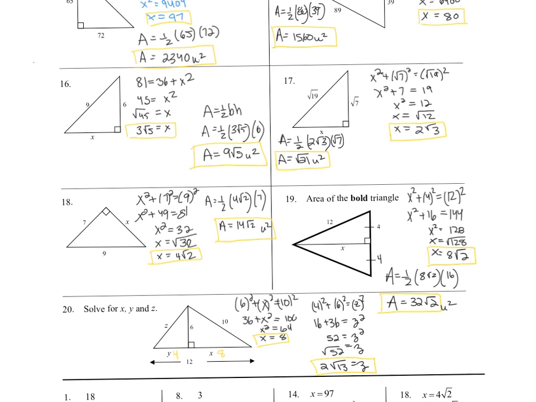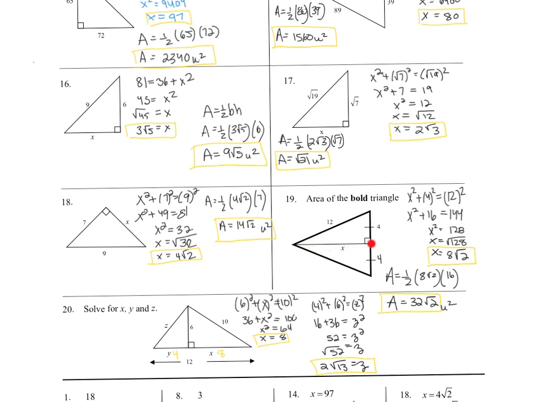Number 19, it asks us to find the area of the bold triangle, so at the end we're going to look for the area of this triangle, but first we need to figure out the x here, so I'm going to look just at this triangle right here. And so we are given a leg and the hypotenuse, and we're looking for the leg.